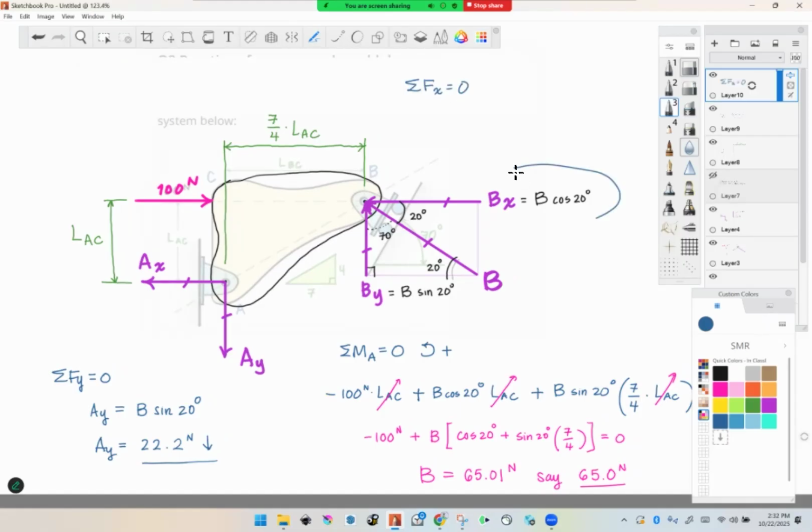And so I have 3 terms that I need to deal with. So I'm going to do rightward positive. So 100 rightward positive. Next term, A sub x, leftward negative. B sub x, leftward negative. Let's set that equal to 0.